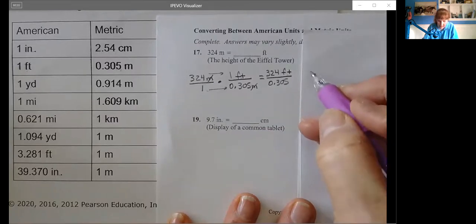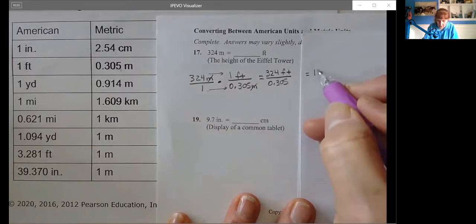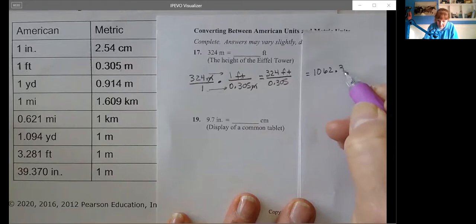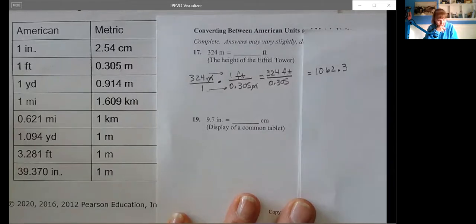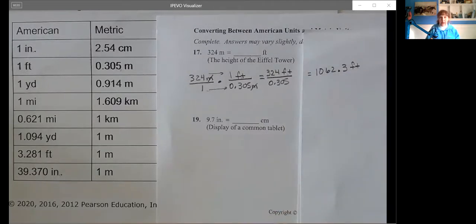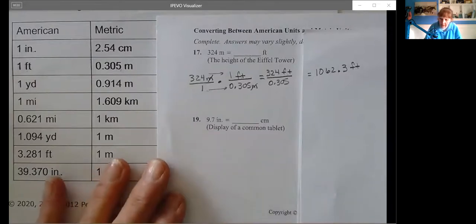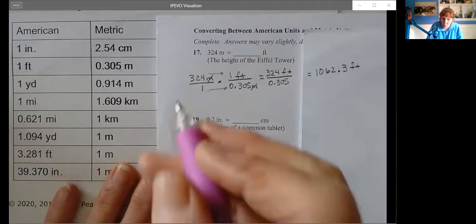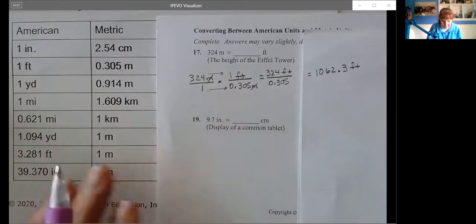And it looks like I'm hoping that MyMathLab gives you some leeway. I'm going to round it off to the nearest tenth, and that's feet. Okay. And again, if you're in doubt, you can view an example. I don't have the answers to this right offhand, so you could view the example to see where they're rounding theirs off. Or we could have used the other one.